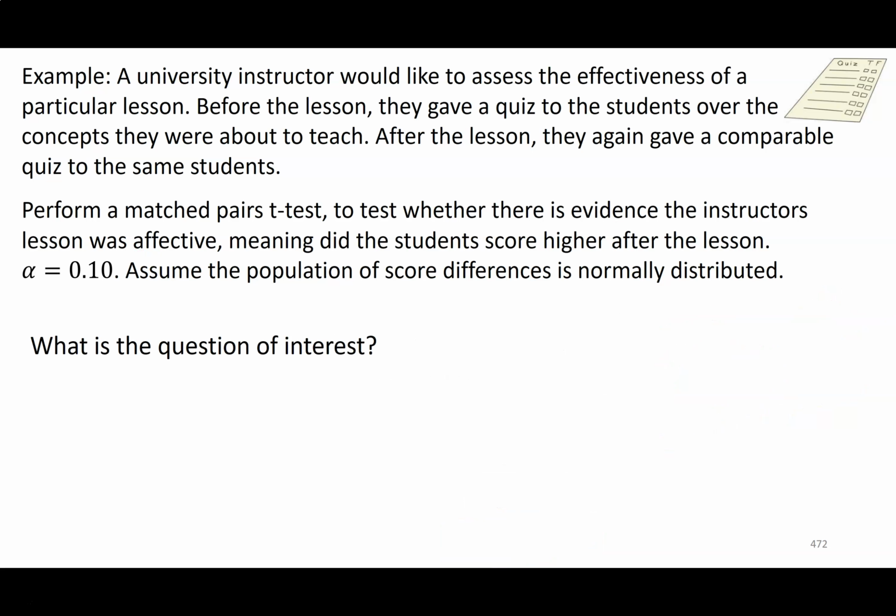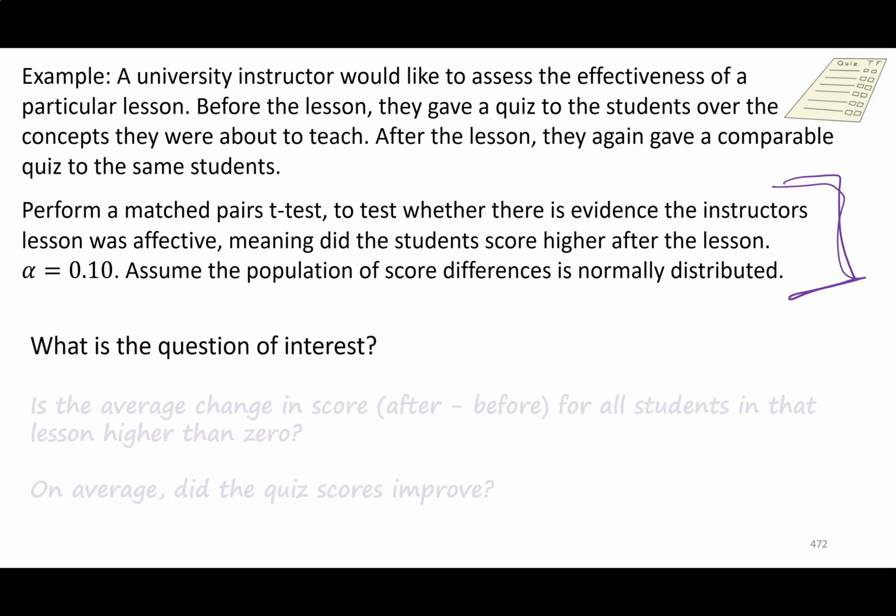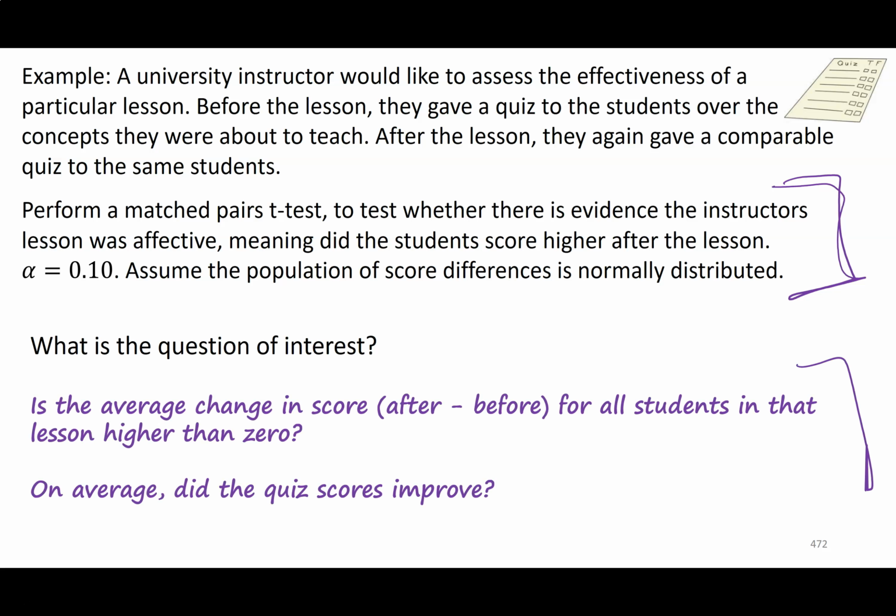So my question of interest, if I'm doing a test, remember it's supposed to be worded as a yes-no question. So here: is the average change in score, so after minus before, for all students in that lesson higher than 0, which is a little goofy, right?